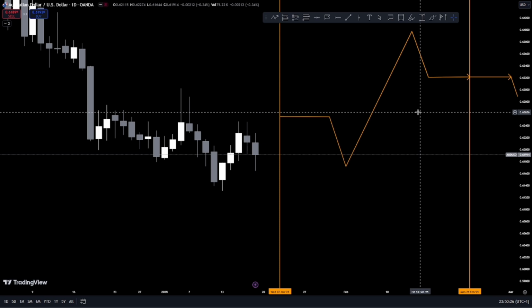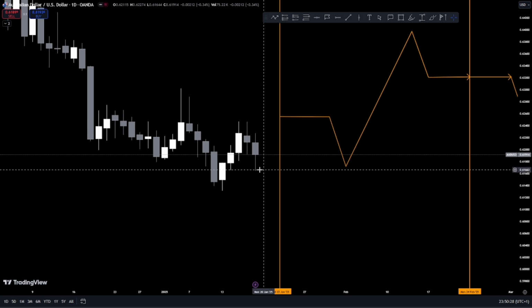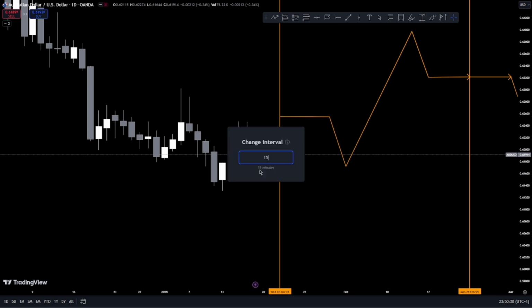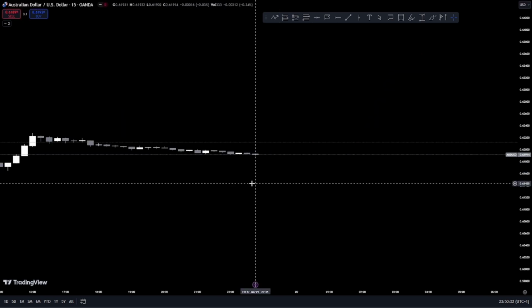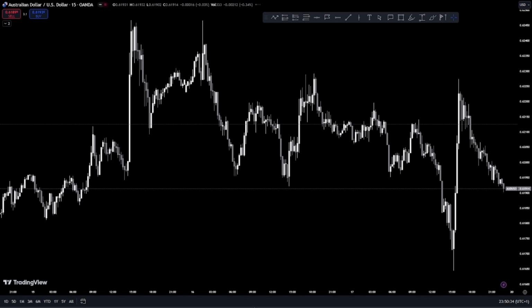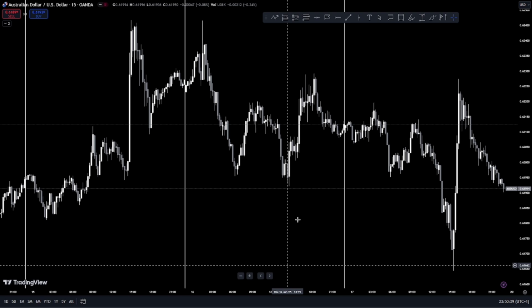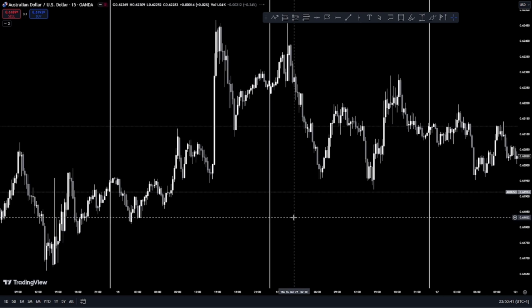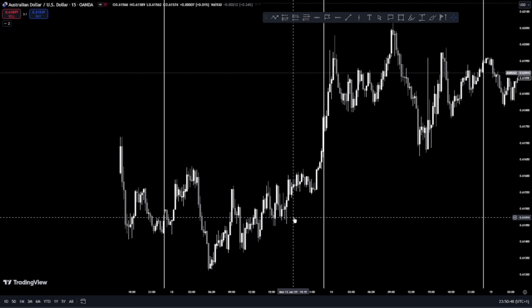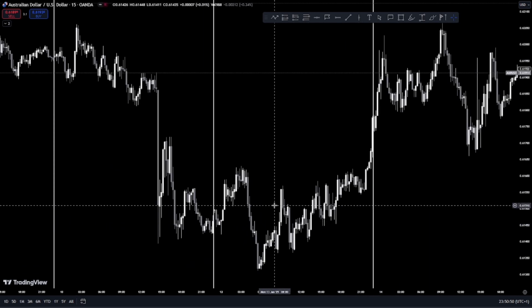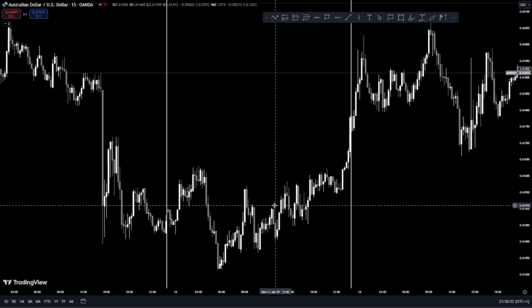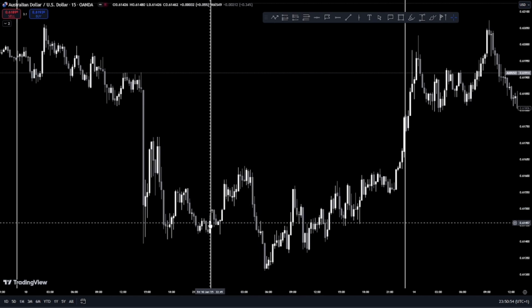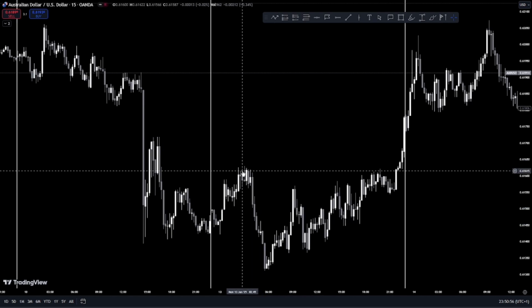Okay, so let's first go to the chart, then we'll come back. I will be using the 15 minutes time frame, and then I'll be using the daily time frame, but for the sake of context, I'll be going to the 15 minutes time frame. So let's start from Monday, this day here. Now, what happened was that Monday opened, went high.